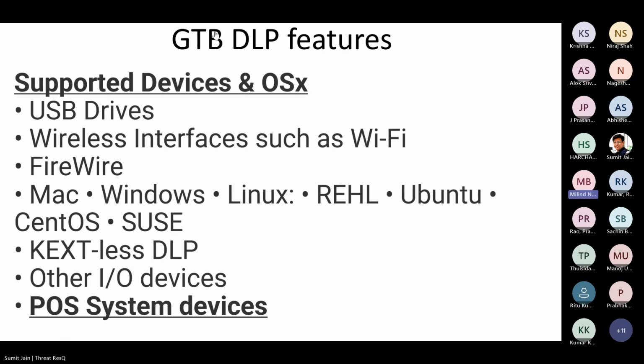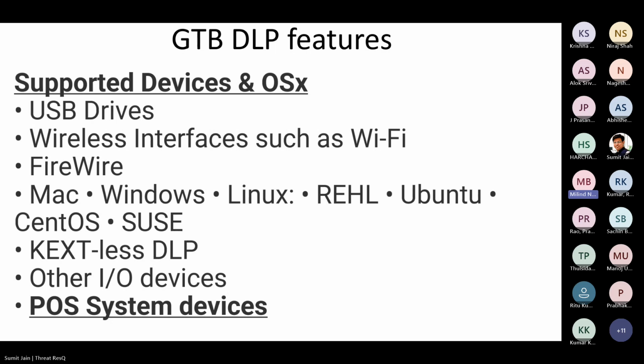So as already discussed, the devices and operating systems which are supported by GTB DLP include all the USB drives, external drives or storage devices. Even your Wi-Fi adapters, Wi-Fi connectivity can be one of your network channels.